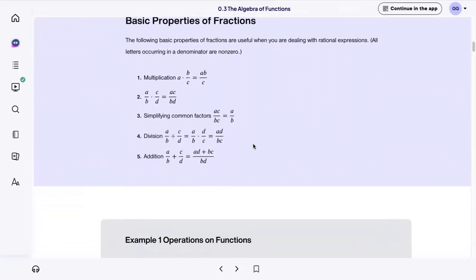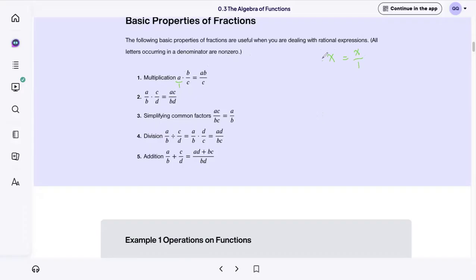So some algebra: when we multiply a number with a fraction, we multiply it to its numerator, because something by itself is just divided by 1. Right? If I have x, what does x mean? x is x divided by 1.